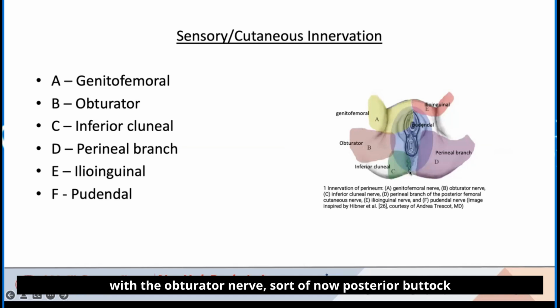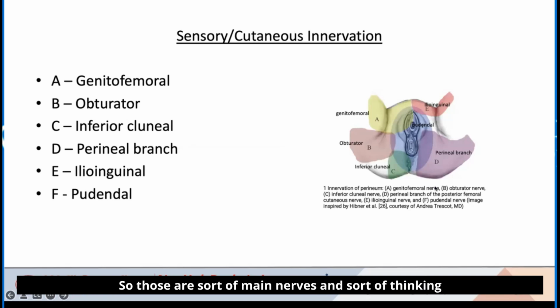The posterior buttock and lateral perineal region is your inferior cluneal nerve. The pudendal nerve is this whole area here. Then, less deep into the labial region here, you have your ilioinguinal nerve, so that's going to be a little more groin and going less posteriorly. And then this is going to be your perineal branch as well.